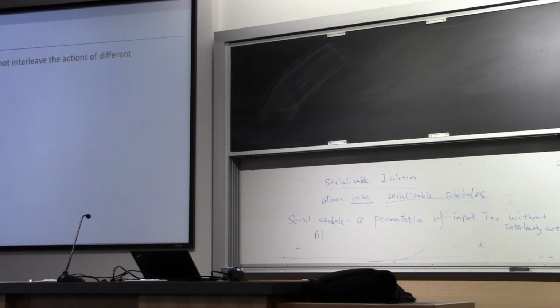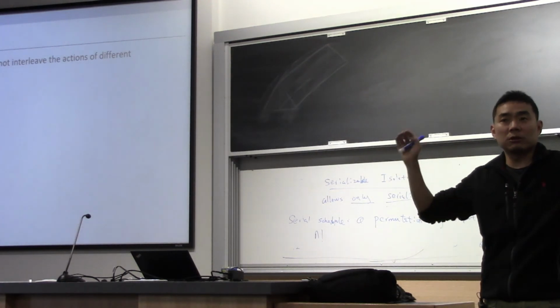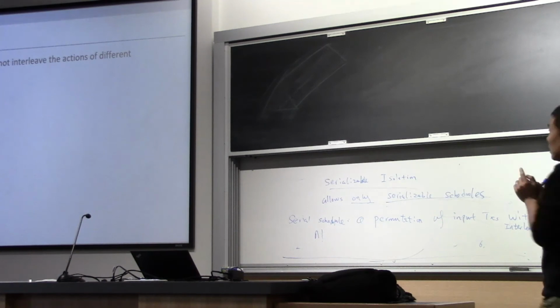That's n factorial. So you have n factorial serial schedules when you do not interleave actions from different transactions. All of you okay with this? So all of these are serial schedules, because you are executing transactions in sequential order.